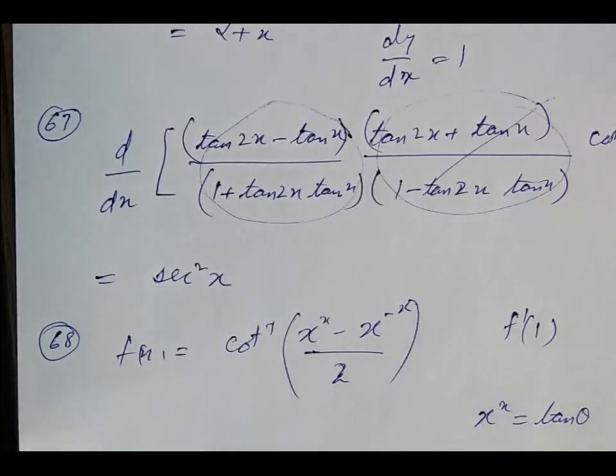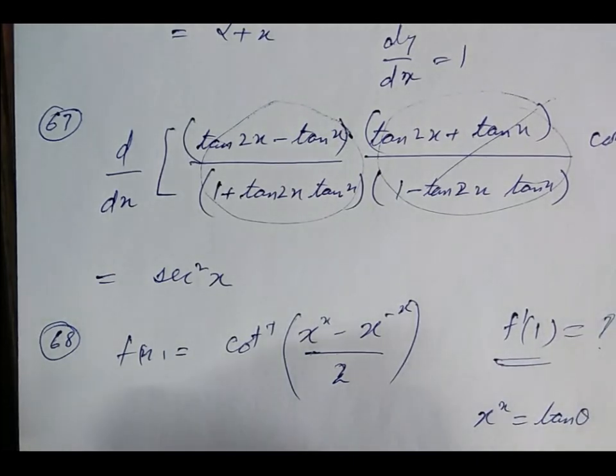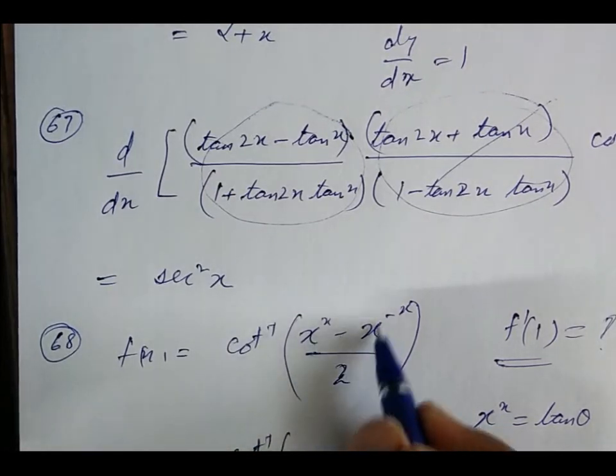So we were on question number 68. f(x) is equal to cot inverse of (x power x minus x power minus x) by 2, and we need to calculate f dash 1. Let's put x power x equal to tan theta. So we get cot inverse of (tan theta minus 1 by tan theta) by 2.